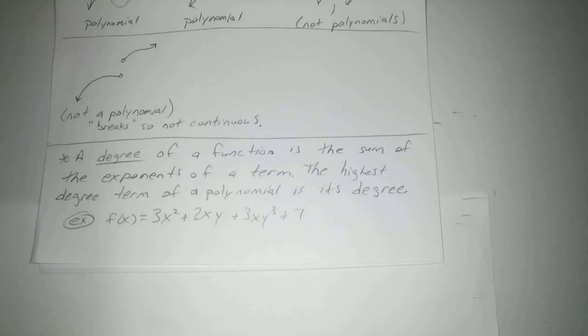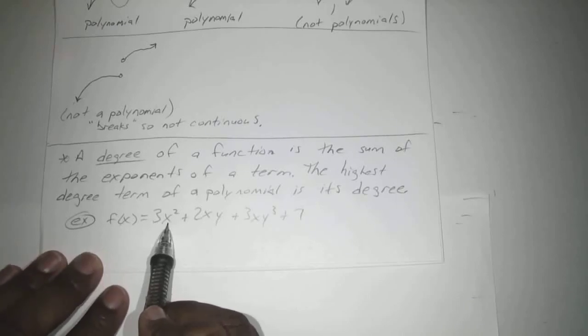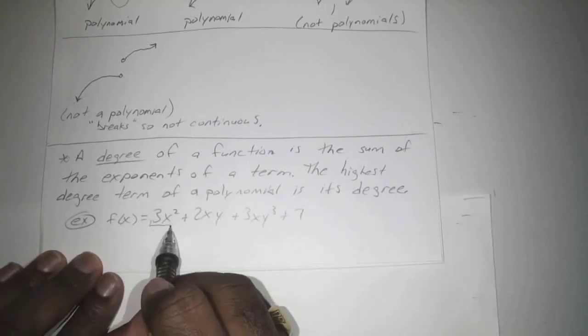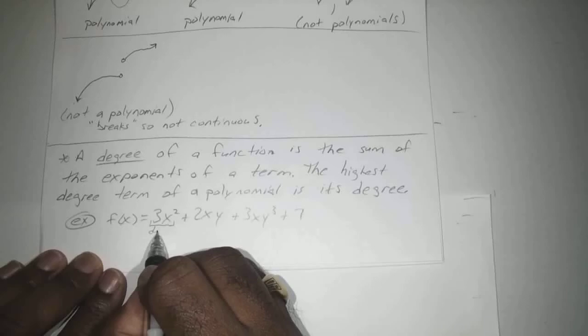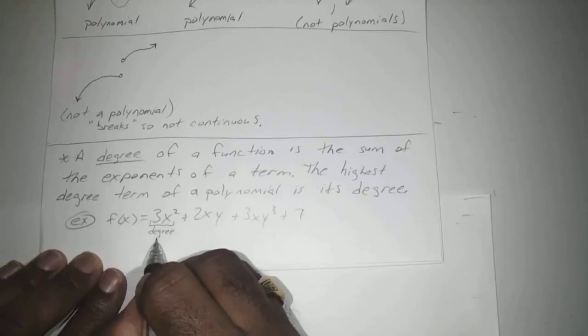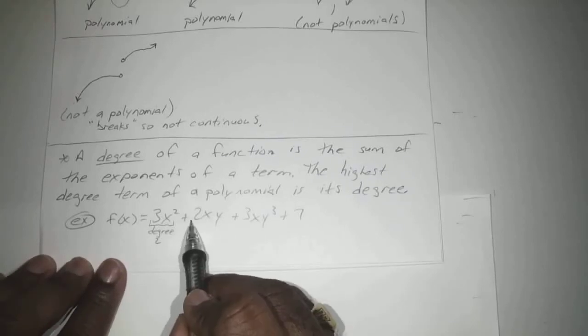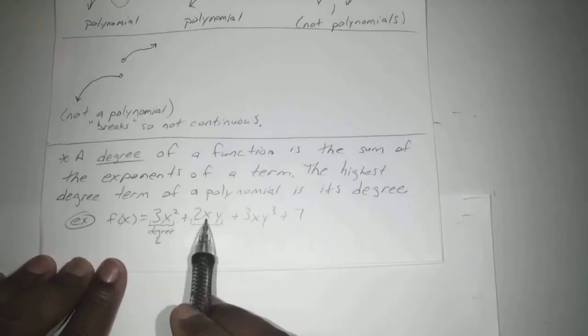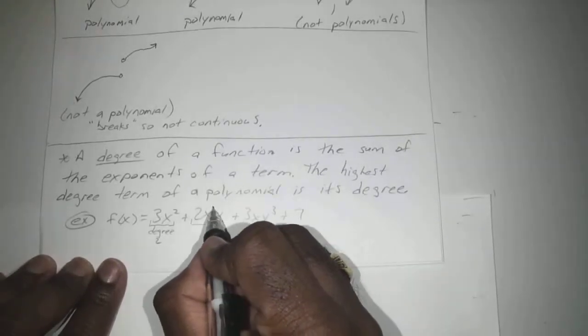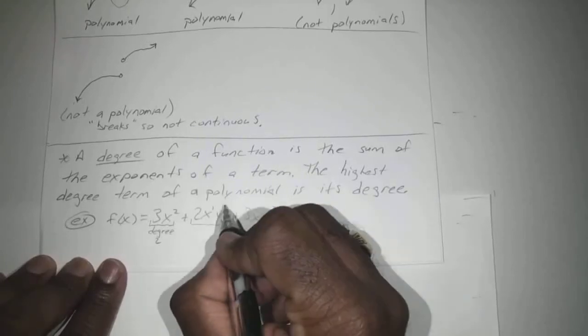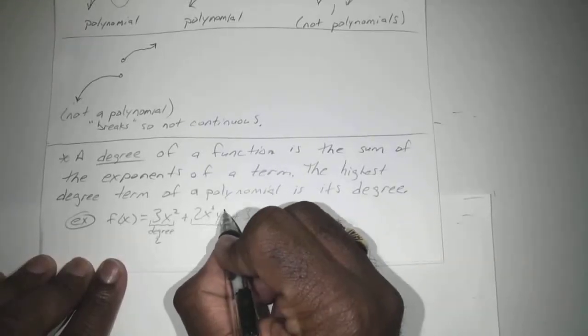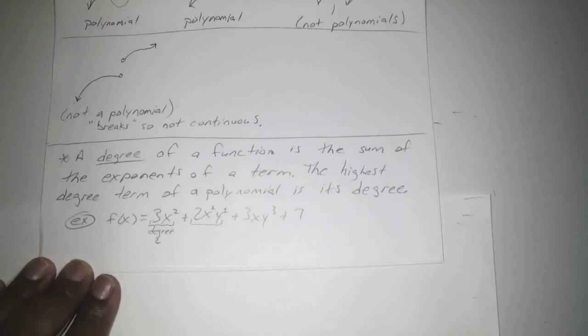Now we can find the degree of each individual term by adding up the exponents. For this one, you only have one exponent, so this one term is degree 2. Now this one, x and y, you have two exponents, so x is x to the first power and y is y to the first power. So this one term is also degree 2.